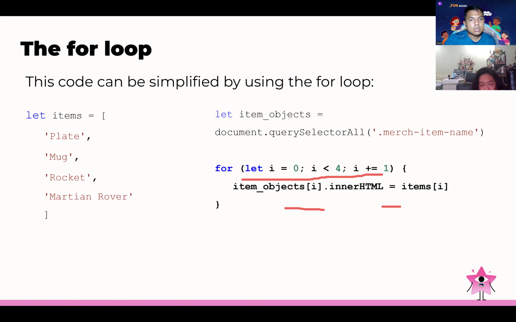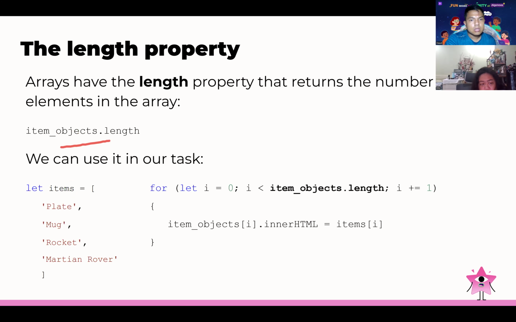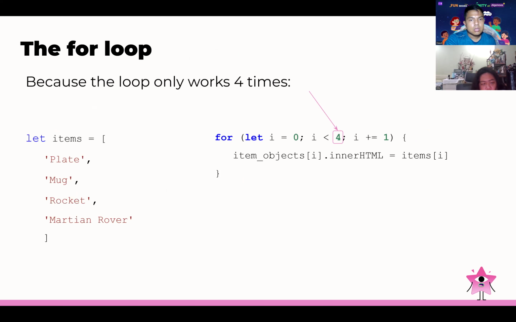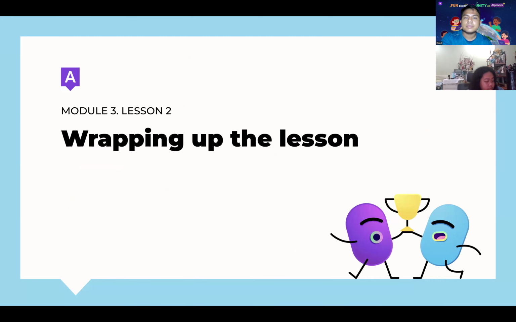No, it's not supposed to be an item. Item object is already written in the previous one. This one, query selector all merge item. Oh, it's the HTML tag. Okay.